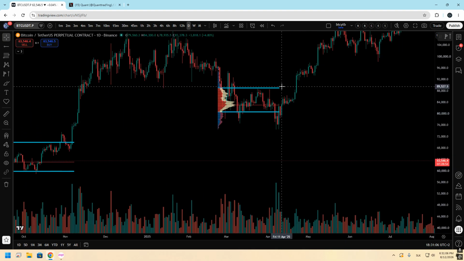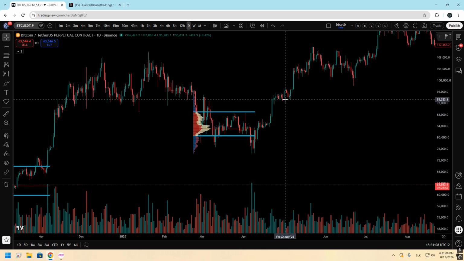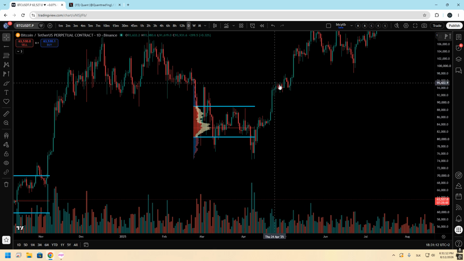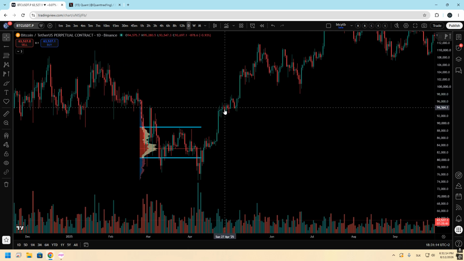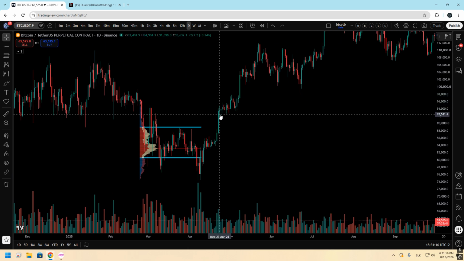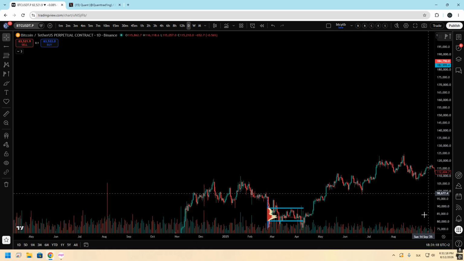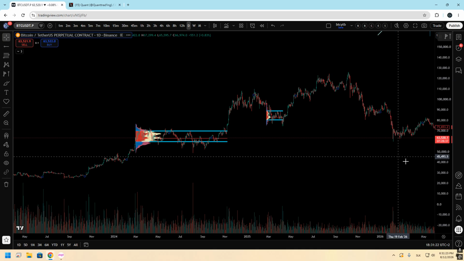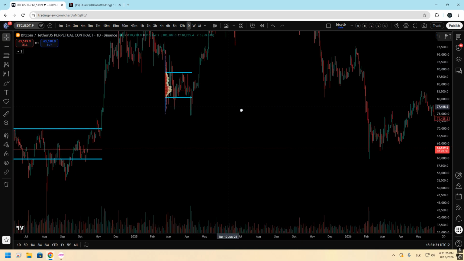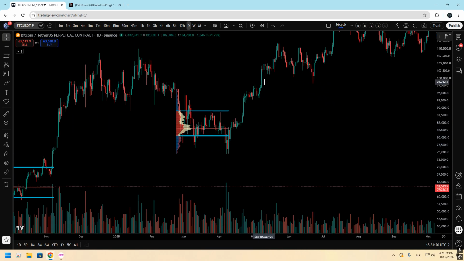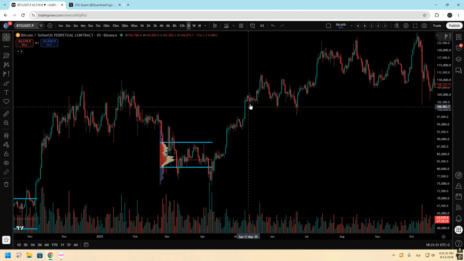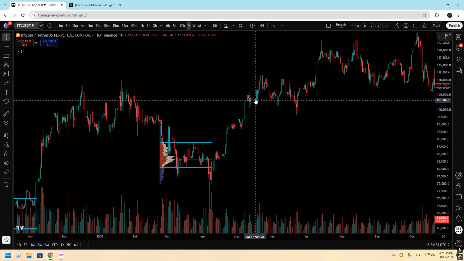We rotated to VAH, and above VAH we spent multiple days above it, and it was a sign of acceptance, creating higher lows. So trending condition, remember, creating higher highs, higher lows. These were signs of acceptance, and then we were pushing higher in the trending market.